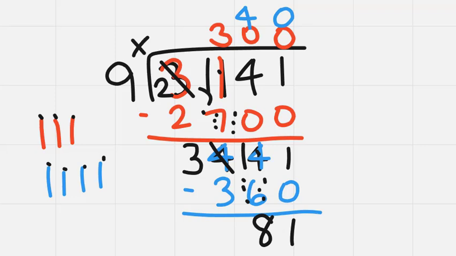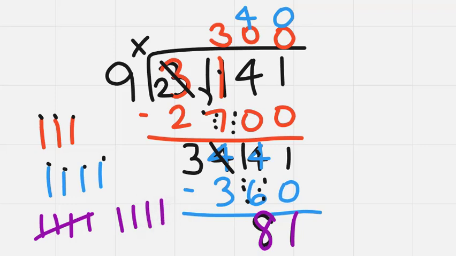Now let's divide again. 8 is less than 9, so we need to include the digit next door, the 1. 81. Let's count by 9 until we get as close as we can to 81 without going over. 9, 18, 27, 36, 45, 54, 63, 72, 81.